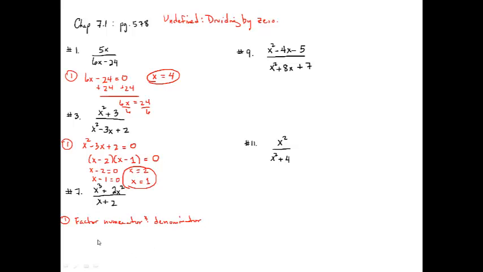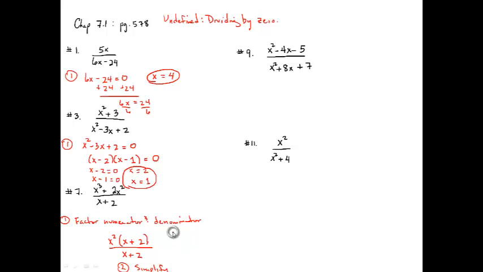And again, I'm going to factor it with very little discussion on how to factor. If you need help on factoring, make sure you're watching the video on factoring. So the top factors into x squared times x plus 2. The bottom I can't factor. Good. So factor the numerator and the denominator, and then the second step is to simplify.